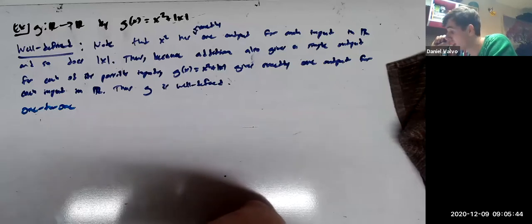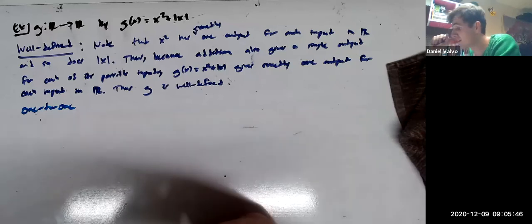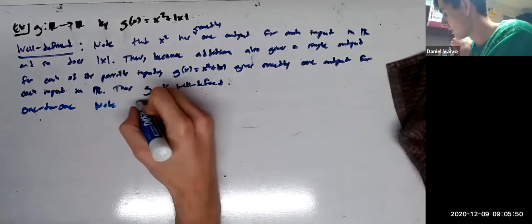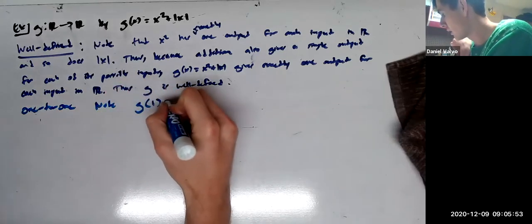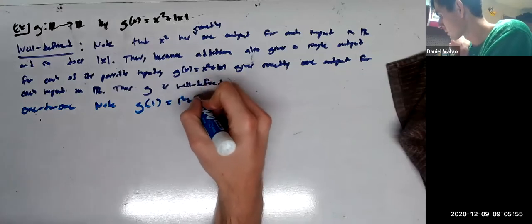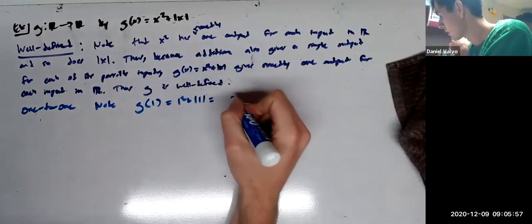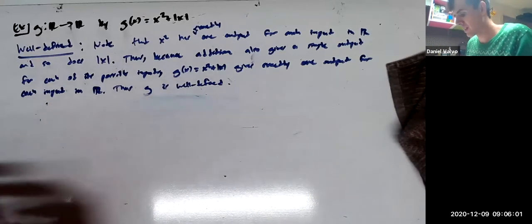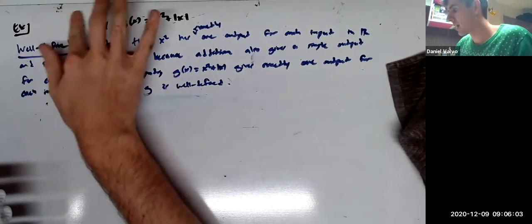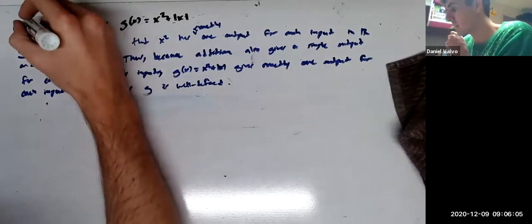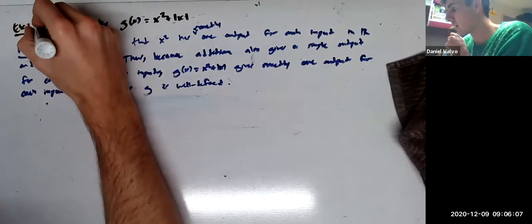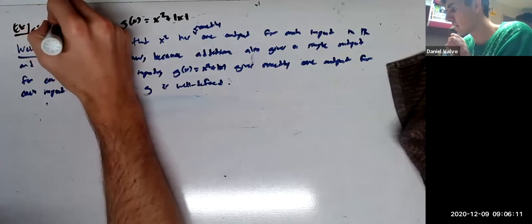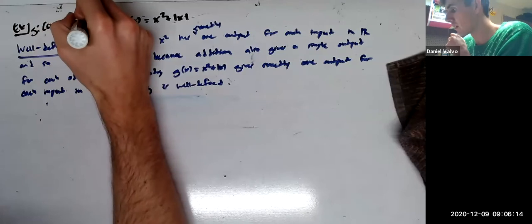Why is that important? Notice that g of 1 will equal 1 squared plus 1. Oh, I'm sorry, wait a minute. This is why I'm confused. I don't want to go from R to R here. I want my domain to be just 0 to infinity again, this time including 0.